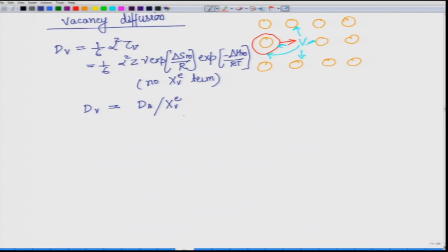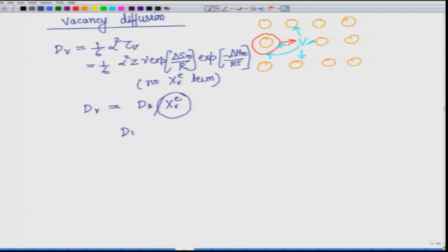So, this is a very important piece of information regarding diffusivity of vacancy, and at the same time it tells you how these two are related. You do not need to do any extra derivation, all you need to know is this particular quantity x_v, which is the concentration of vacancy at equilibrium.